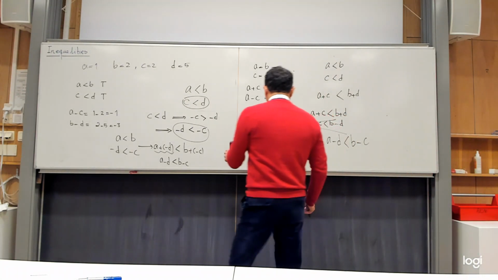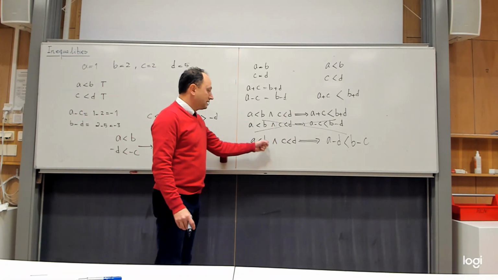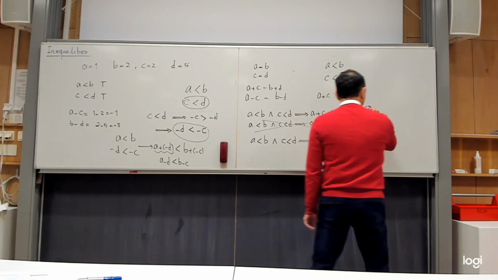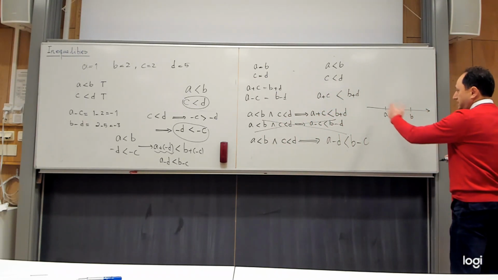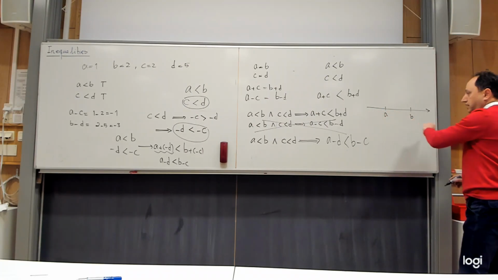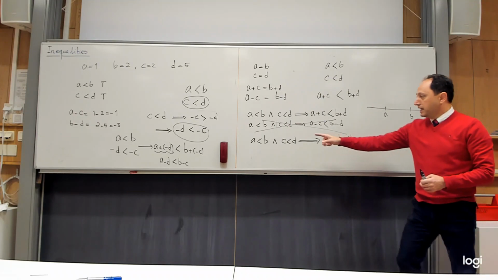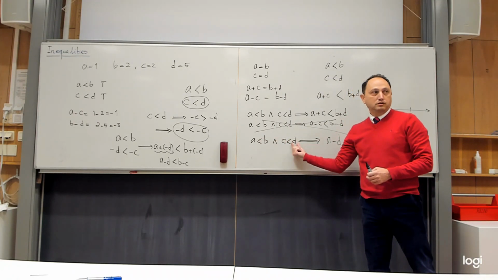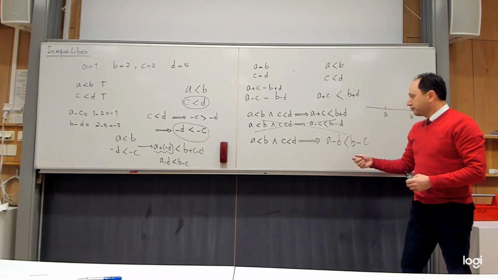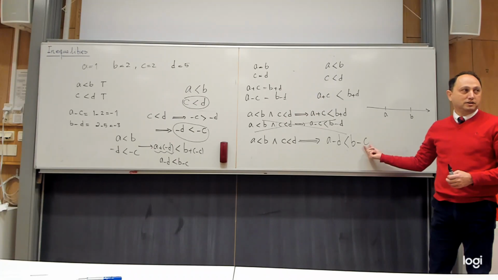By the way, intuitively it is very clear, because you are telling me that A is less than B. For example, if this is the x-axis, here is A, here is B, because A is less than B, so A should be on the left side of B. But now you are telling me that from A, I am subtracting a bigger number, and from B, I am subtracting a smaller number.